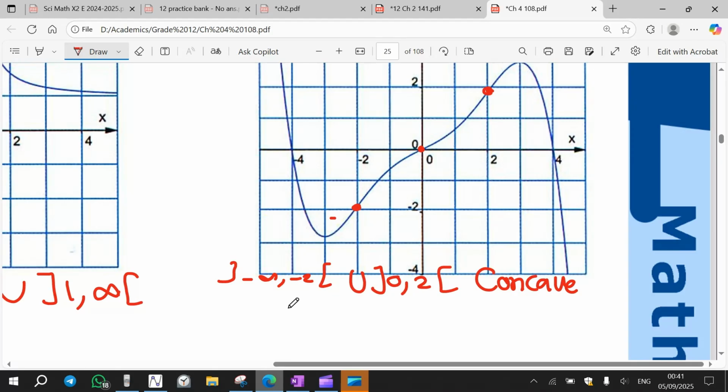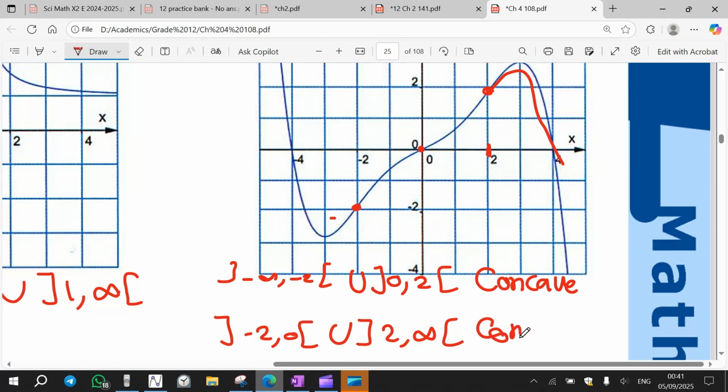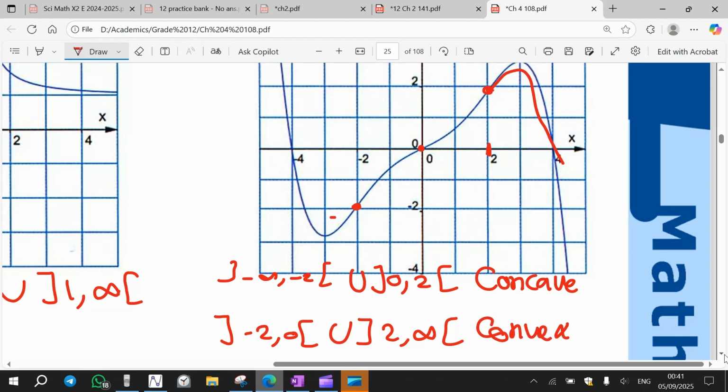Now convex. Convex starts at -2 until 0, union with 2 until positive infinity. Look at this 2, the x, until positive infinity. This graph is convex.